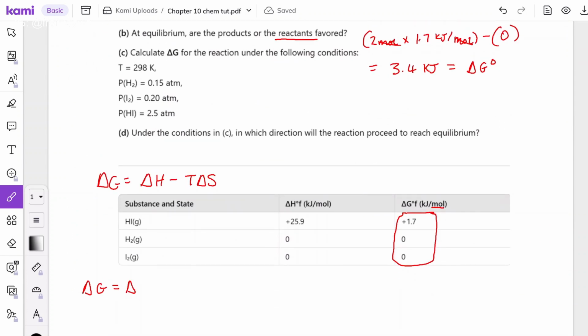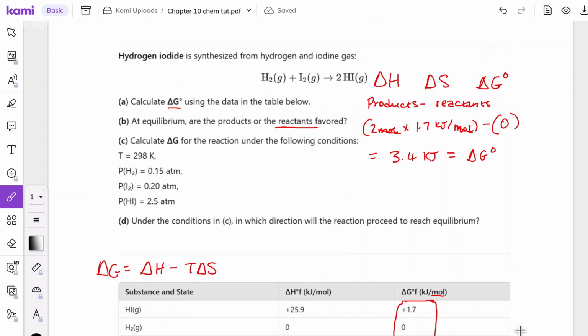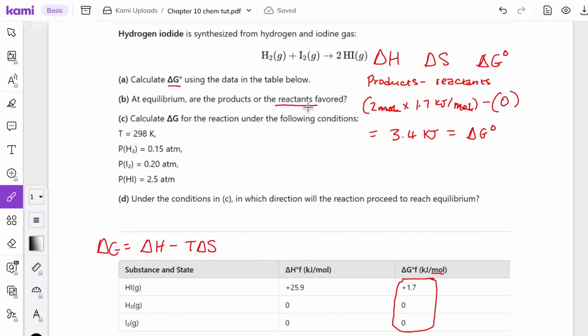I'm going to rewrite the formula right here. The delta G is equal to the delta G naught plus RT ln of Q. And to find Q, it's the same process to find K, which is the HI has 2 moles in front of it as a coefficient, so we square it once again.